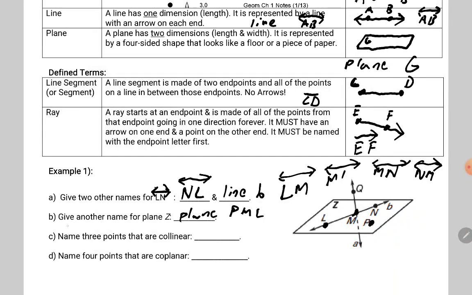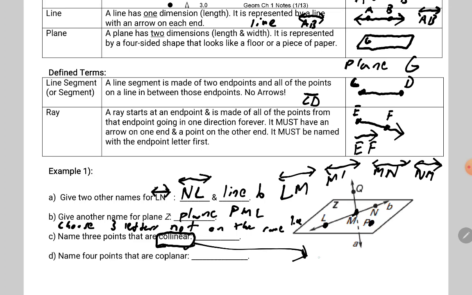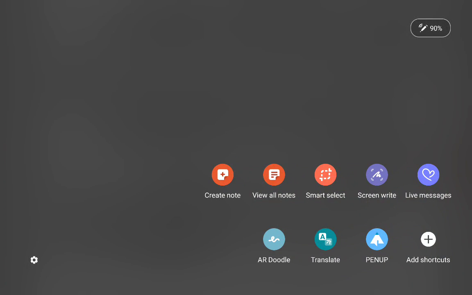You have to choose 3 letters not on the same line. That means not collinear. Now, name 3 points that are collinear. Collinear means on the same line.